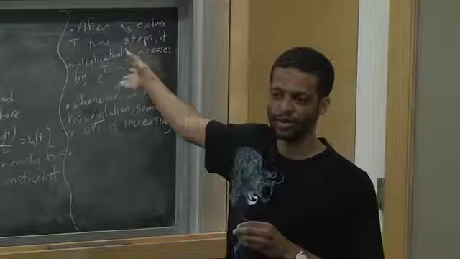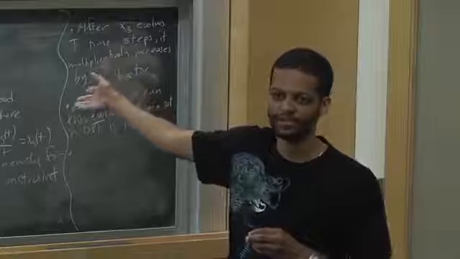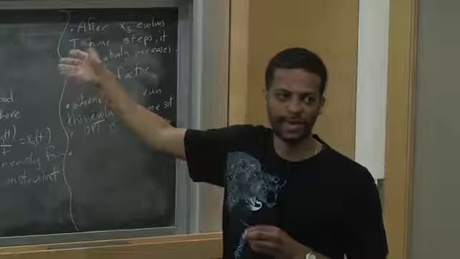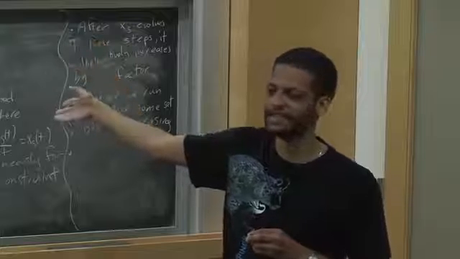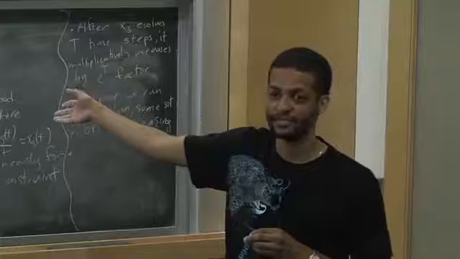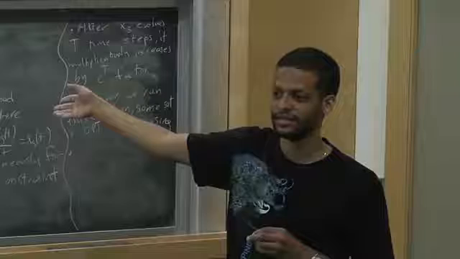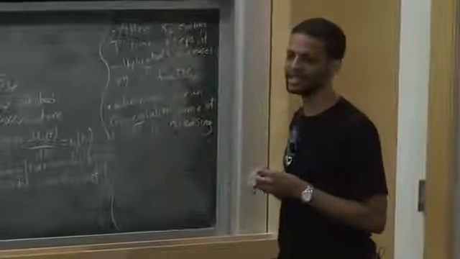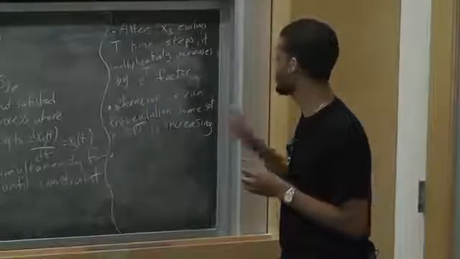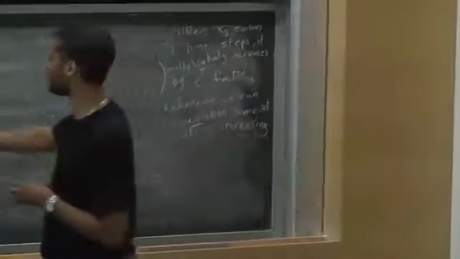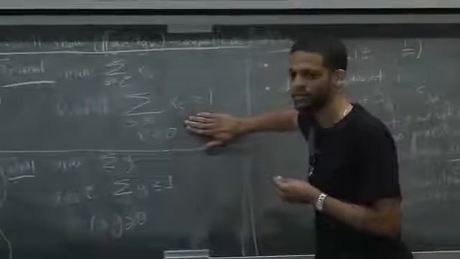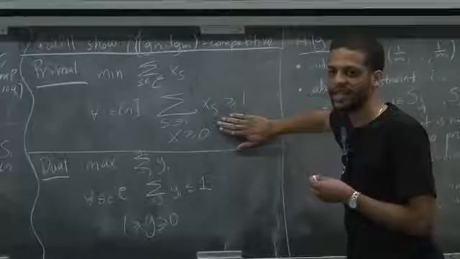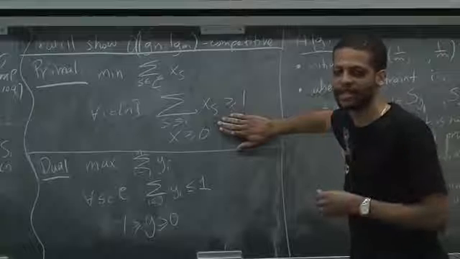All the x_S start at 1 over m, and we would never bother evolving anything unless a constraint was not satisfied. If a constraint is not satisfied, it means the sum over the sets in opt is less than 1.